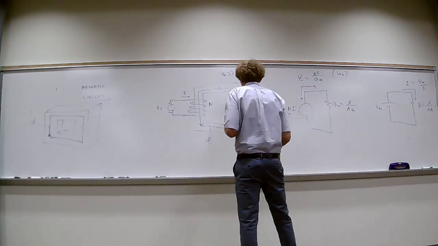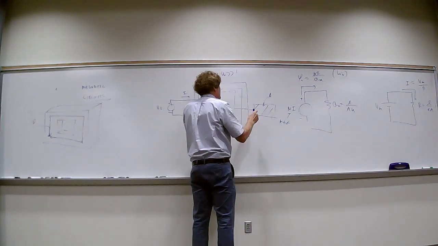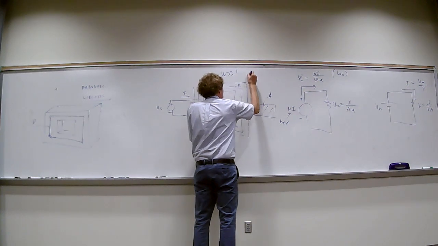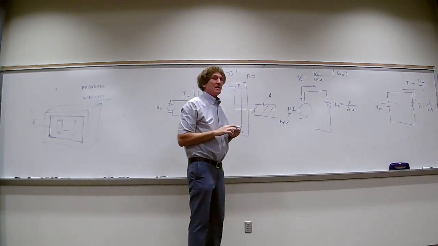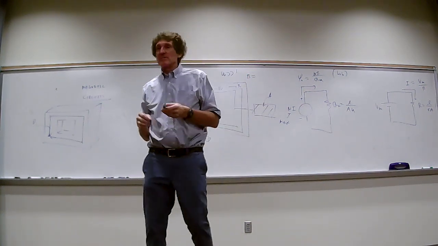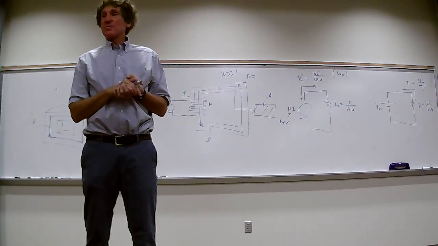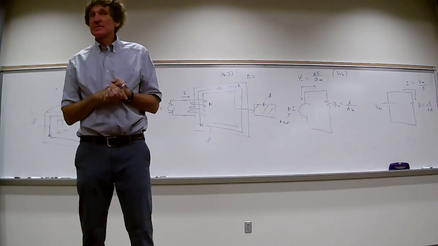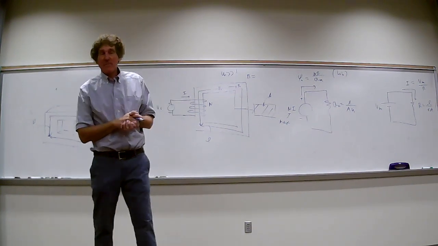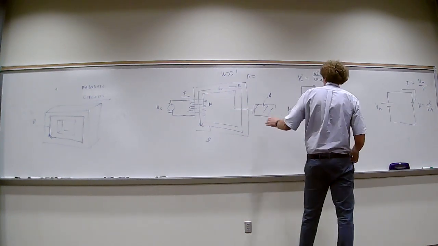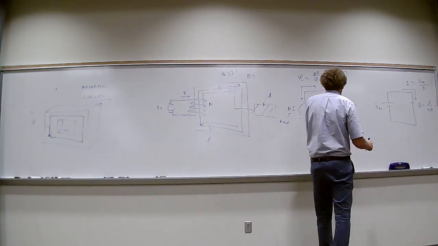What if you wanted the B field anywhere in here, assuming it's constant cross-section? If you wanted the B field, how would you get it? Well, what is B field? What are the units of B field? Anybody? Webers per meter squared, right? We have Webers. We can get that by dividing by the cross-sectional area that the flux is through, assuming it's uniformly distributed across that cross-section.